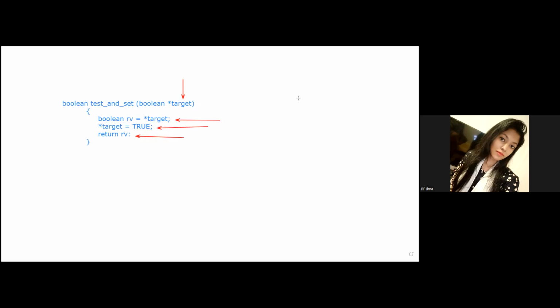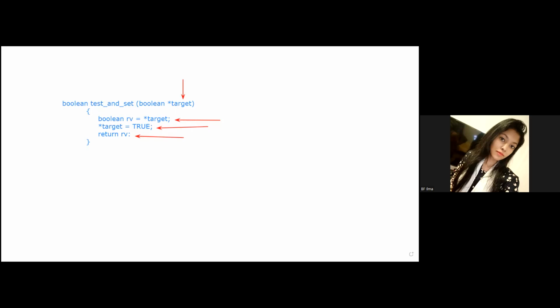So at the next point, the value of the target will be set to true. It returns whatever you send initially, but also changes the original value to true. So this is the idea of the test and set hardware solution. We can use this to address our critical section problem.